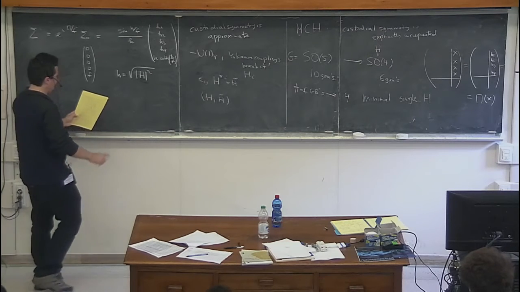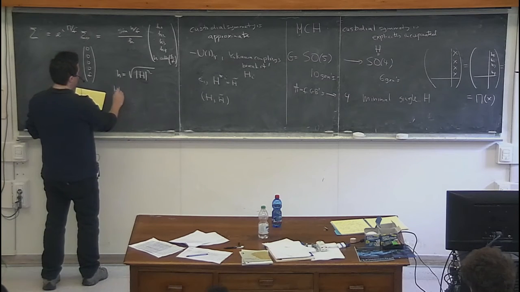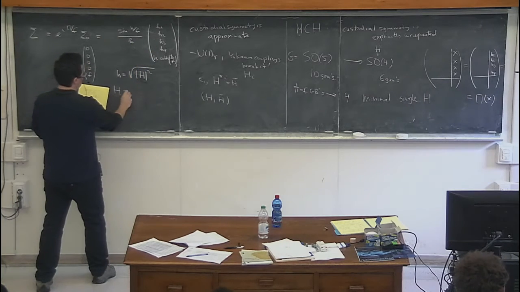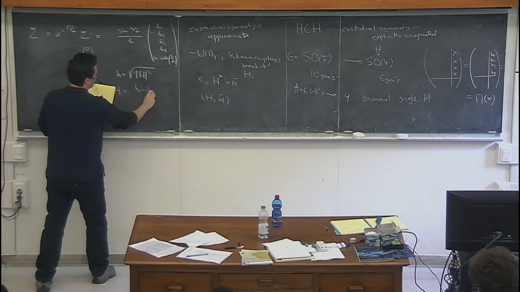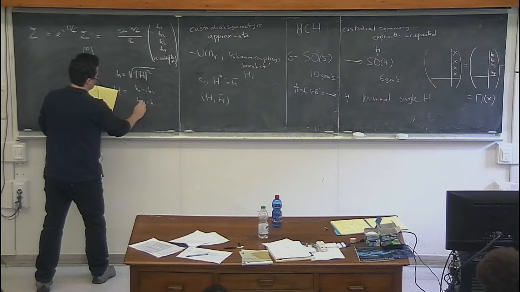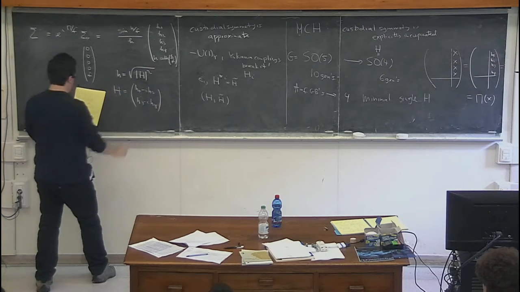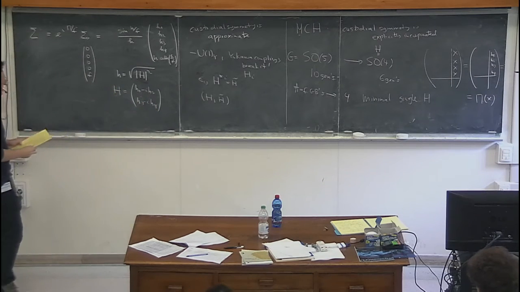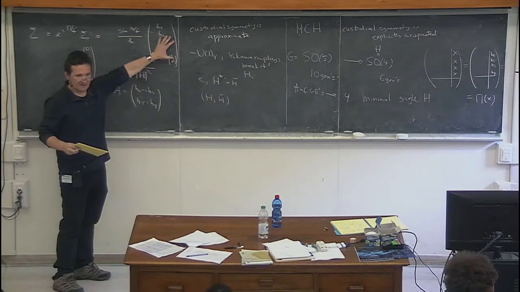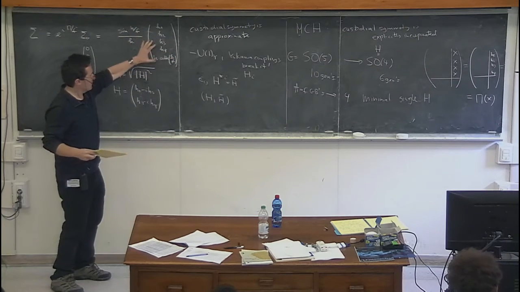And then the capital H, the doublet notation, going back and forth between the two, is just h1 minus i h2 and h3 minus i h4. So you can go back and forth between them. And this is the full nonlinear field, the exact expression for it.